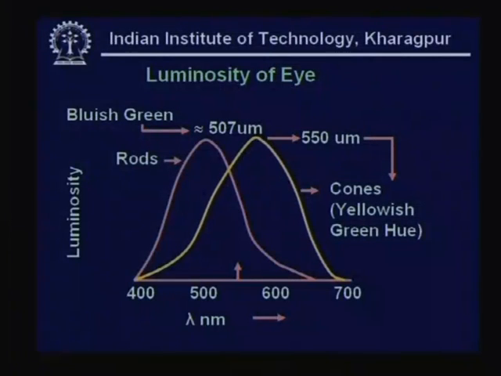In fact, this is a figure which shows the luminosity of the eye with respect to the visible spectrum. There are two curves corresponding to the rod vision and the cone vision. Recall when we saw the luminosity, luminosity is the ability of our eye to perceive light.